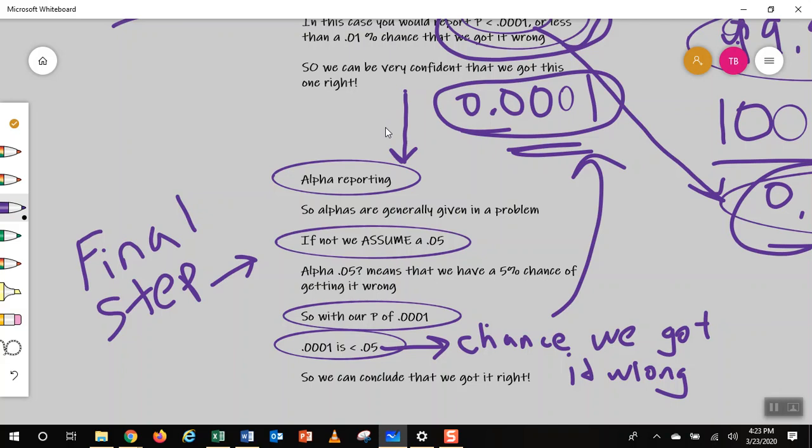We're allowing ourselves a 5% chance that we got it wrong. So we want to know, is it smaller than, less than? Whenever it's less than, you can go ahead and say yes. With the number of 0.01, it's far less than 0.05, so we can conclude that we got it right. Or basically that it's very unlikely that we got it wrong because of how small that number is.